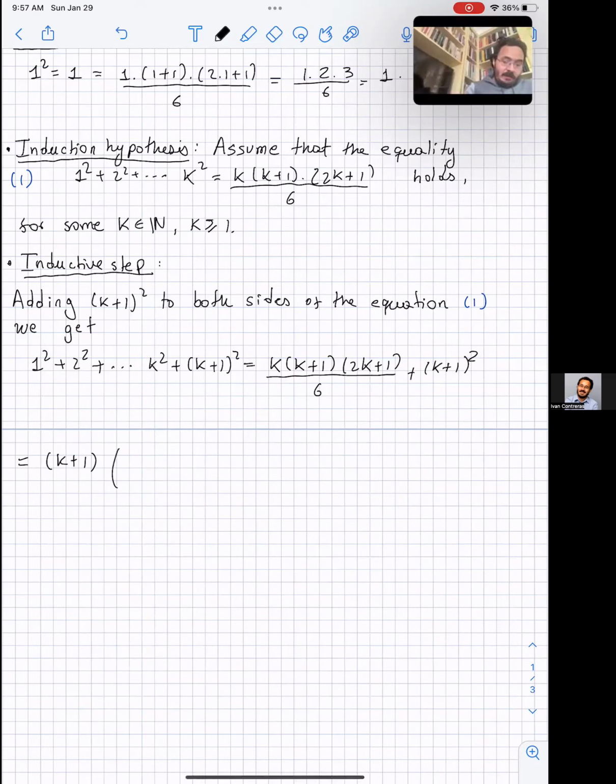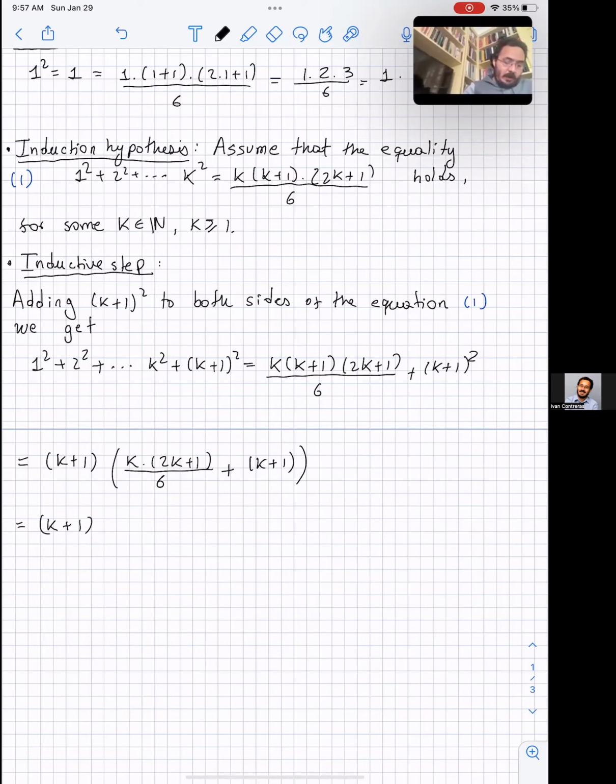And then I factor the k that stayed in that side of the term. Then you get the 2k plus 1 divided by 6. Oops, like that. Plus, and then 1 of the k plus 1. So, right? And then you continue to the algebra.